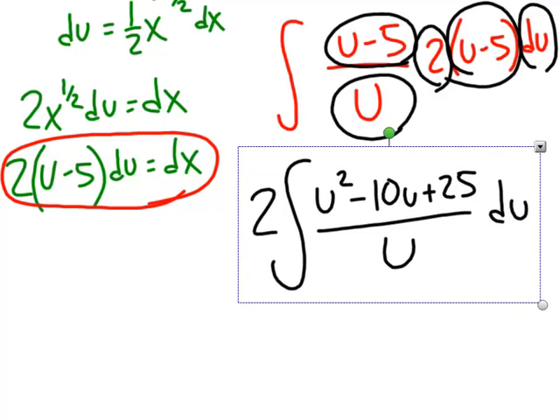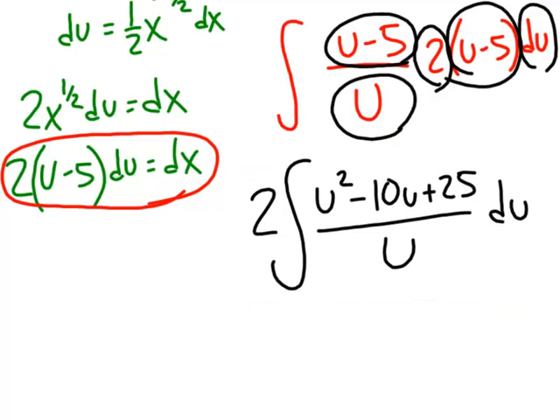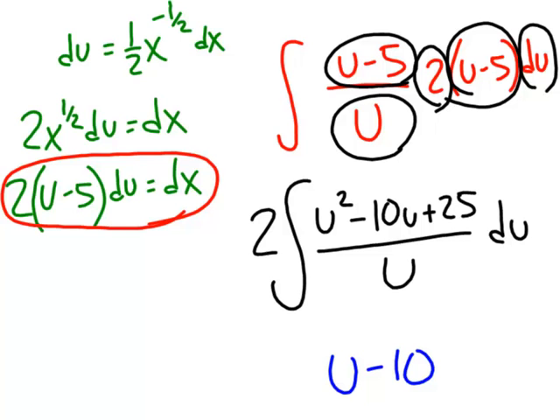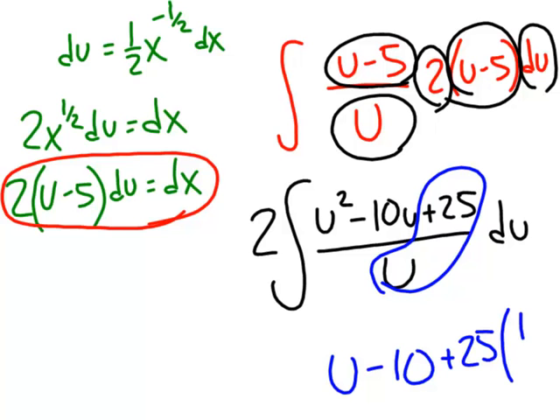Let's further simplify here. U squared divided by u is going to give us u. Minus 10u divided by u is going to be minus 10. And plus 25 over u will give us plus, and let's anticipate, let's look ahead. Let's say plus 25 times 1 over u.